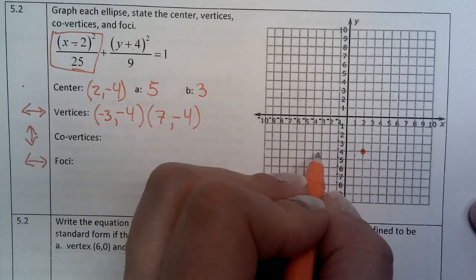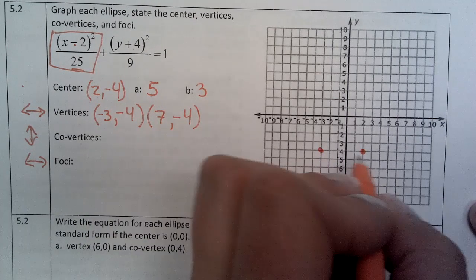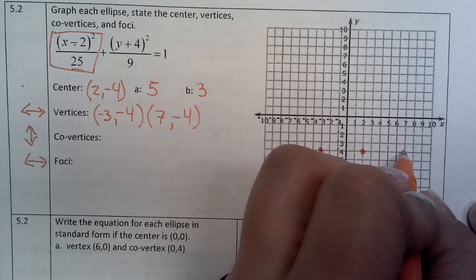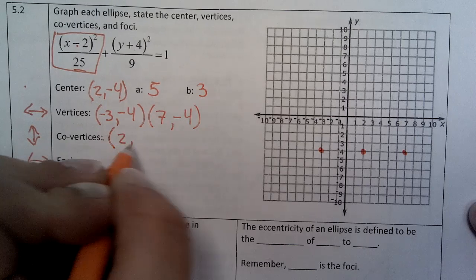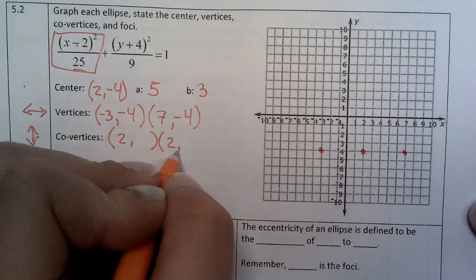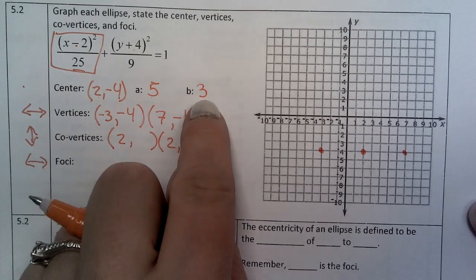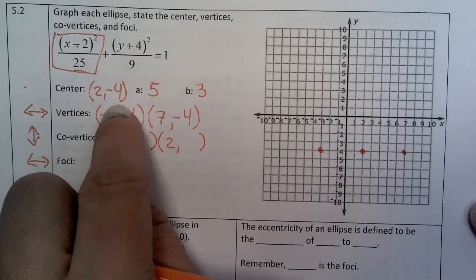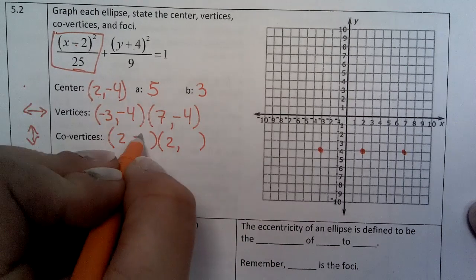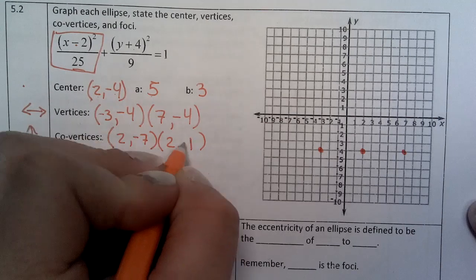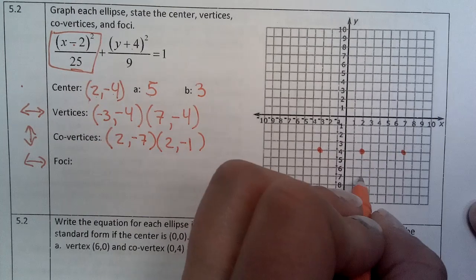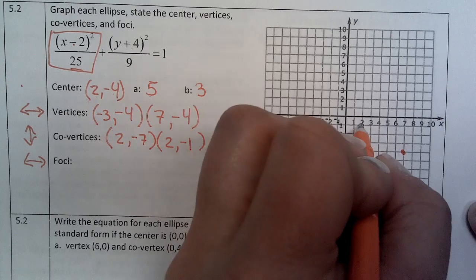So -3 and 7. My co-vertices, I'm changing my Y value, and I'm changing it by 3. So -4 minus 3 is -7, and -4 plus 3 is -1. So -7 and -1.